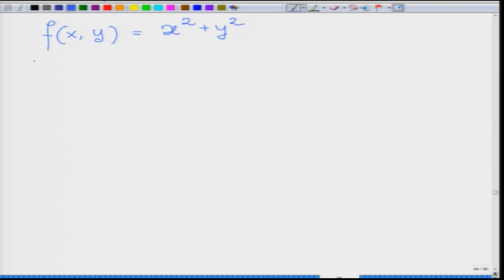So, grad of f at x y, I can write in the physicist style as 2x i vector plus 2y j vector. Now, let me try to draw the field.